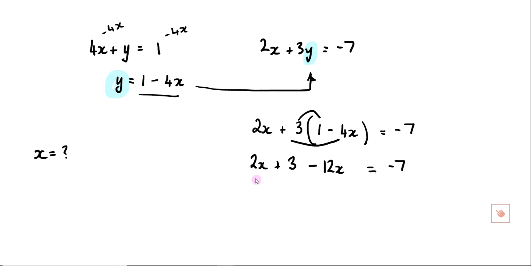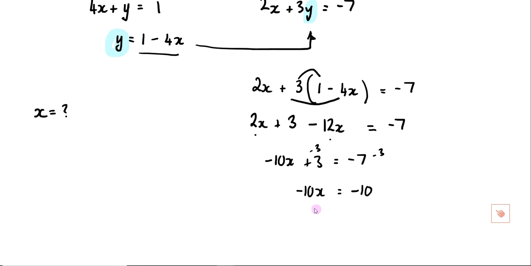Good, collect it together. So 2x subtract 12x is negative 10x plus 3 equals negative 7. Minus 3, okay, let's subtract the 3 and we get negative 10x equals negative 10.